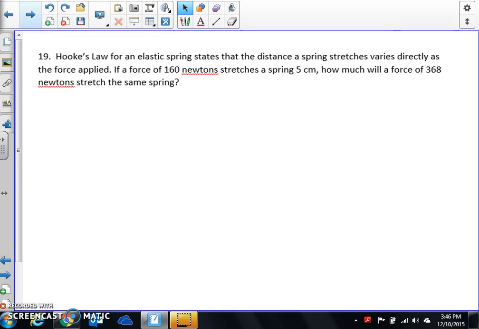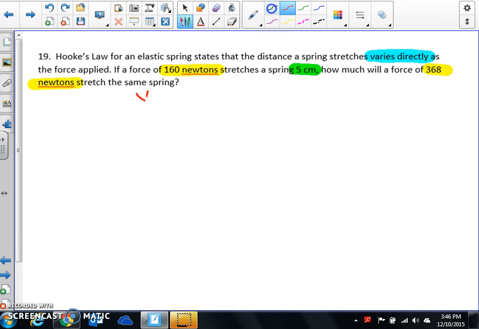All right. Hooke's law for an elastic spring states that the distance of a spring varies directly. So this is going to be a direct force applied. If the force of 160 newtons stretches 5 centimeters, how much will a force of 368 newtons stretch the same spring?